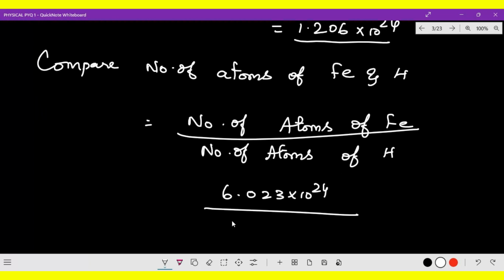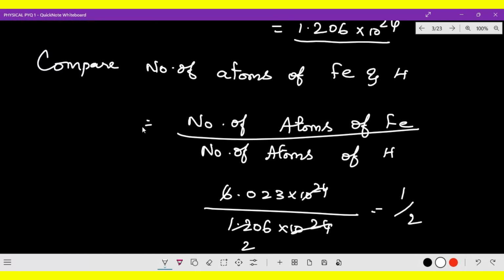Divided by 1.206 into 10 to the power of 24, right? This and this will be cancelled. So here 12, here 6 is there. Remember, you take 12 only, right? Simple, easy way: 6 ones are 6, 6 twos are 12. So here you will get half, 1 by 2. Sorry, here you will get two.